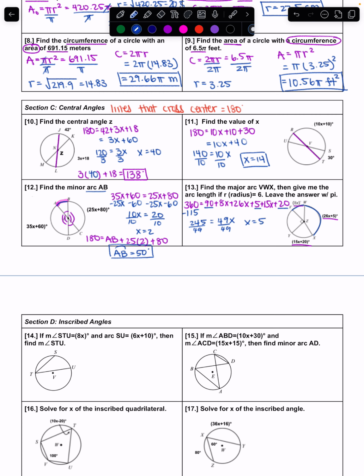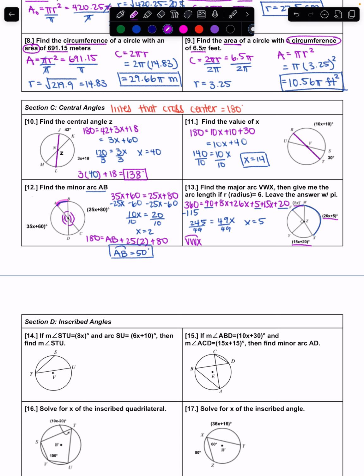Okay, so at this point, you might be like, what is the radius? Why were we given the radius? Okay, so we were given the radius because we need to know what x is first, and then we're going to use that radius for the arc length. So let's set that up.